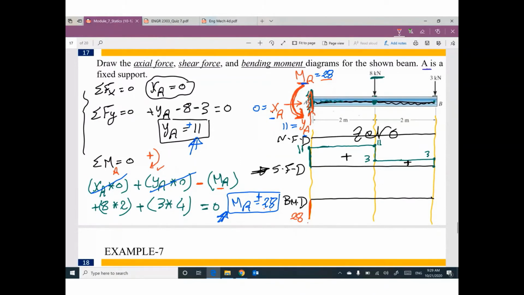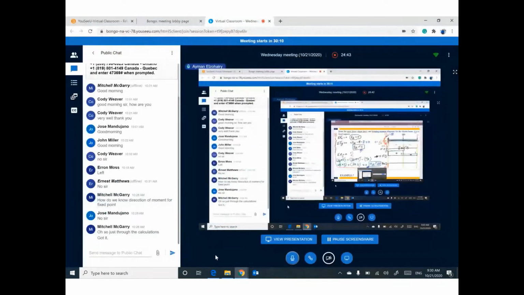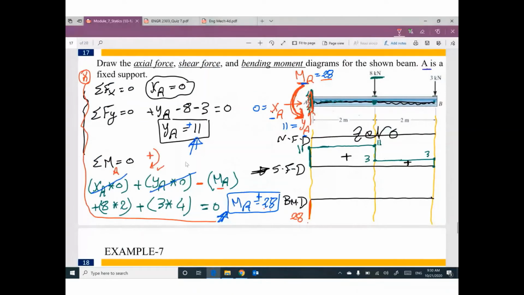So when you are figuring out the reaction, you have to decide which direction is correct. The answer to your question is in the reaction step. Reaction is a big issue. You have to decide your reaction values and directions correctly before starting to draw these diagrams.